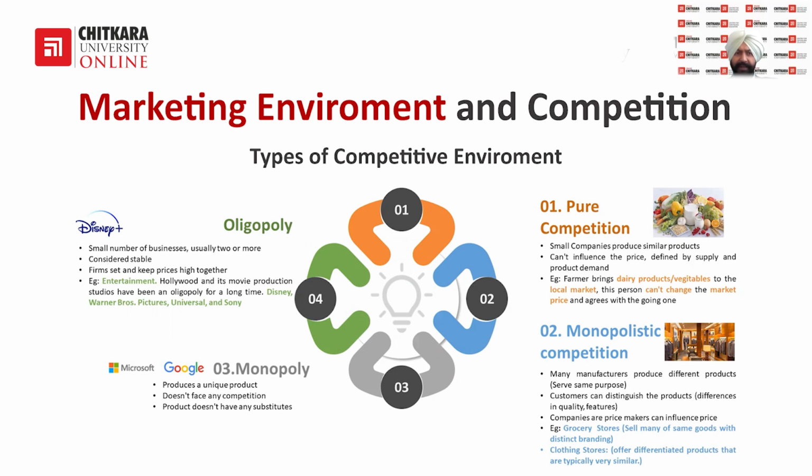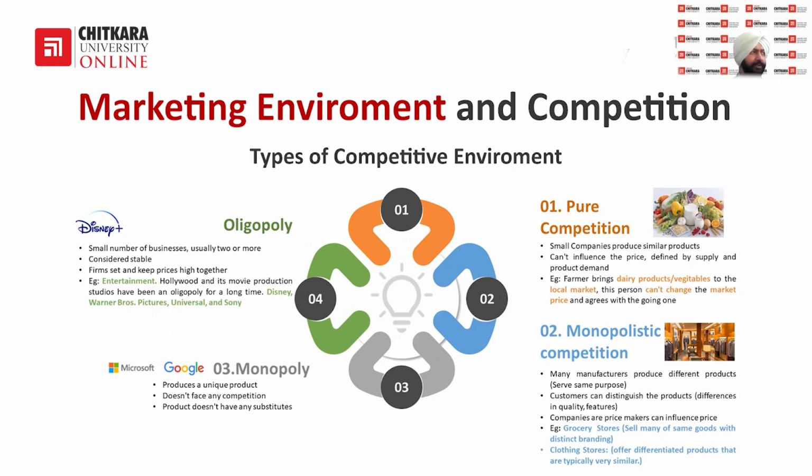And then there's another type of competitive environment, which is oligopoly, where you have a small number of businesses, usually two or more, and they're stable. You have large firms, but not too many, and these firms decide the prices among themselves and keep the prices higher. For example, Hollywood movie production studios have been an oligopoly for a long time: Disney, Warner Brothers, Universal.